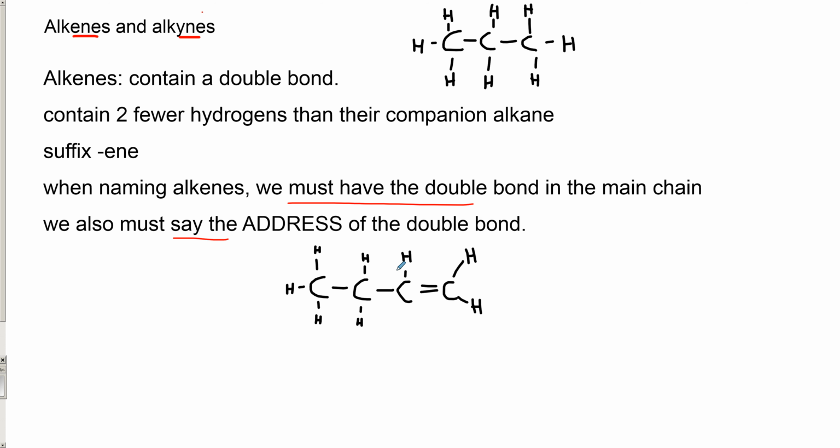We have 1, 2, 3, 4. If I don't know, I go into my data book and check, and I see that when something has 4 carbons, it is called bute. I see there's a double bond here, which means that it will end in ene.